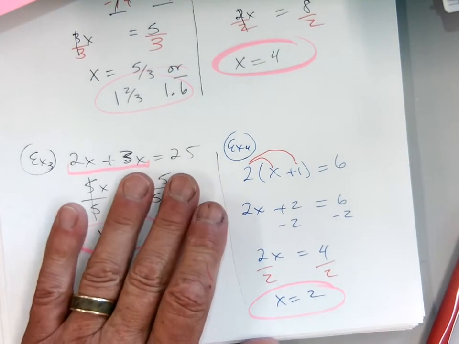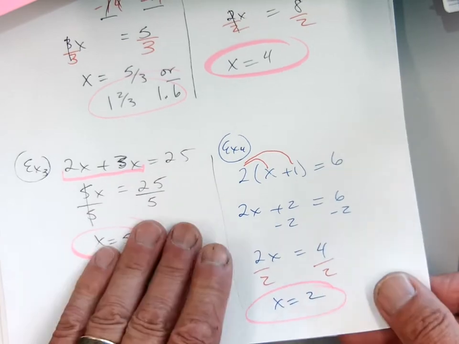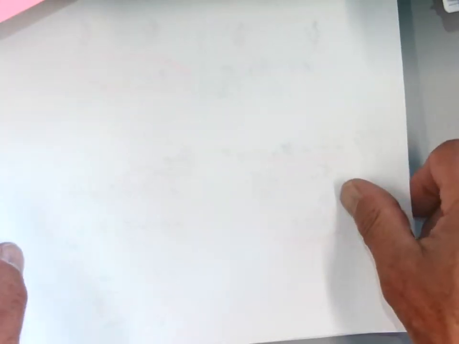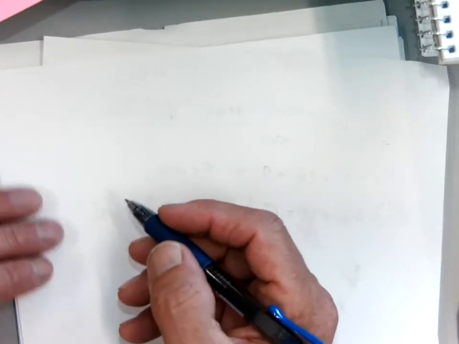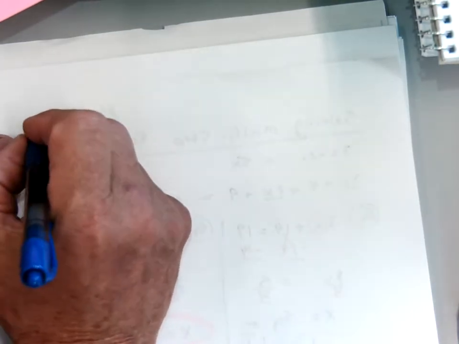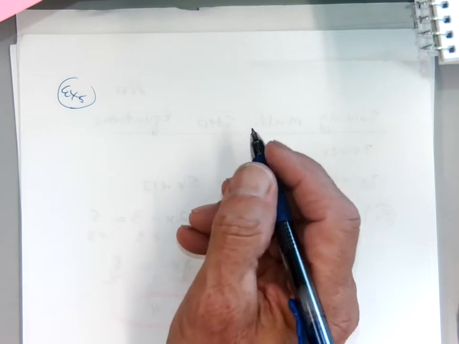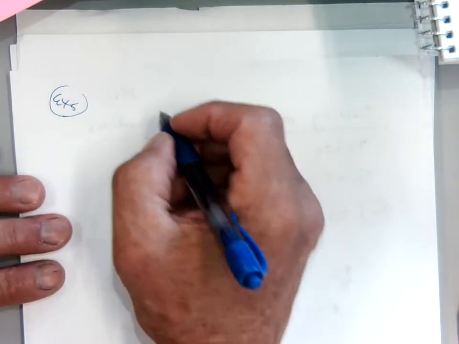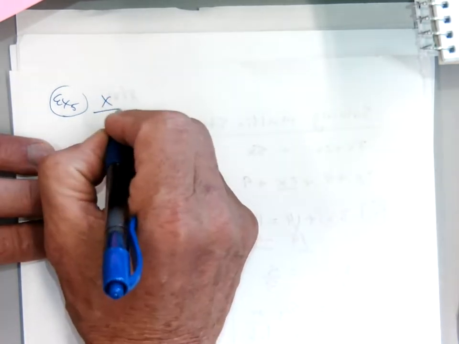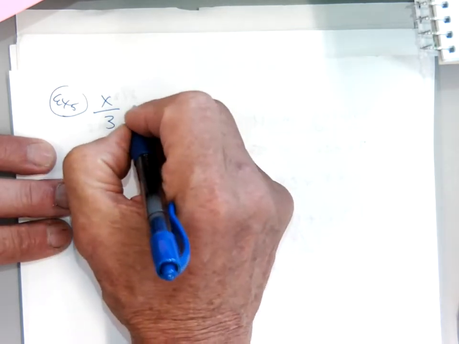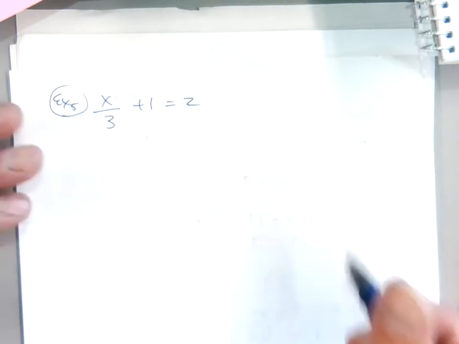All right, let me turn my page and we'll go through some more problems I did in class. So we also looked at one that has a division in it. Example number 5. And again, if I go too fast, just pause or stop the video to think about what I've talked about. I have x divided by 3 plus 1 equals 2.